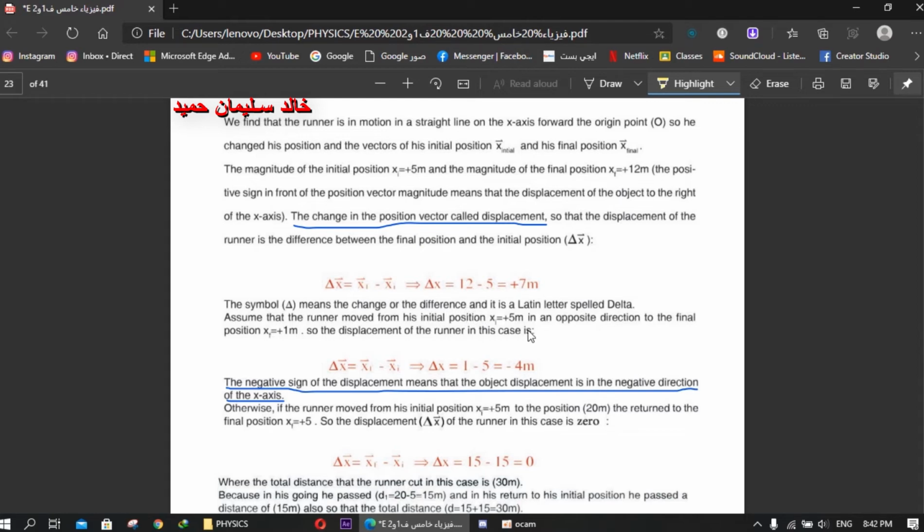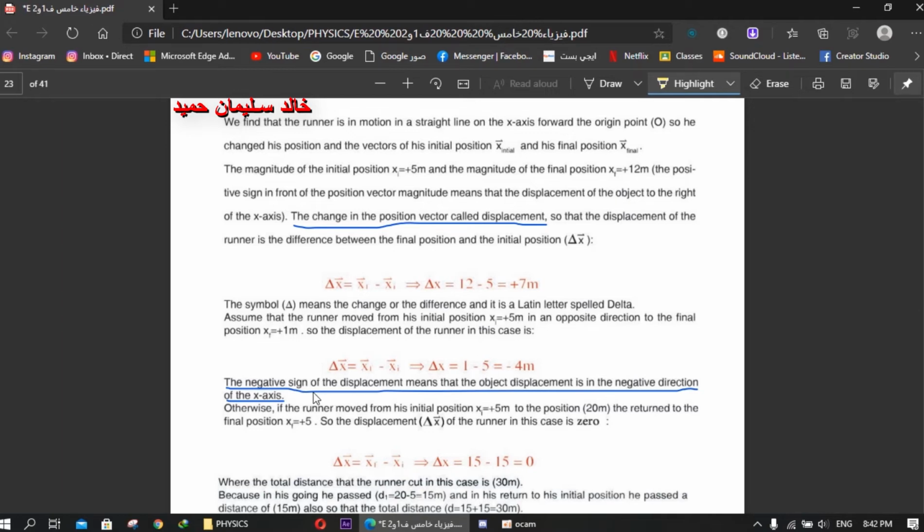Now if the runner moved from the position x equal plus 5 meter to the position x final equal plus 1 meter, then the displacement delta x is equal to 1 minus 5, and it's equal to minus 4 meter.